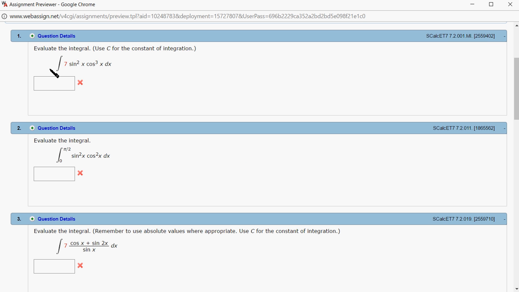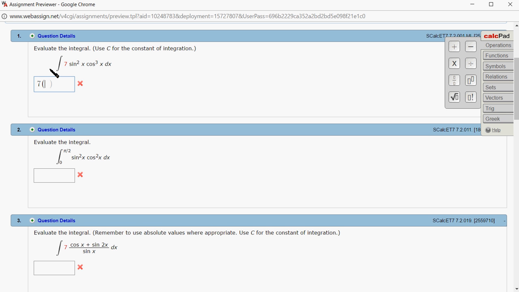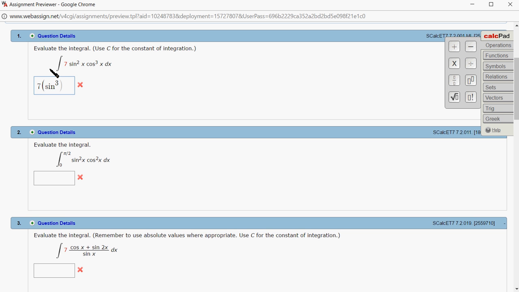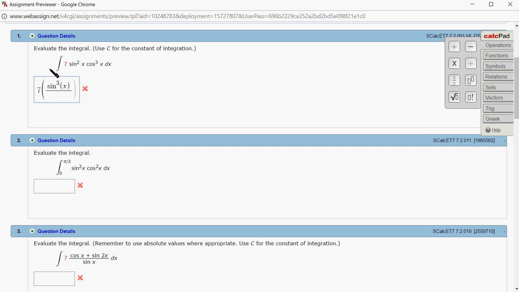We got 7 times sine cubed of x divided by 3, minus sine to the 5th of x over 5, and plus some constant c.